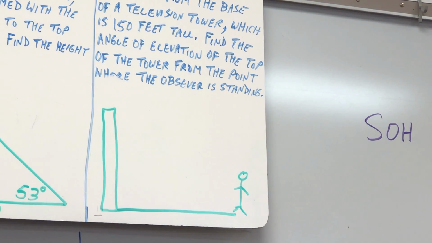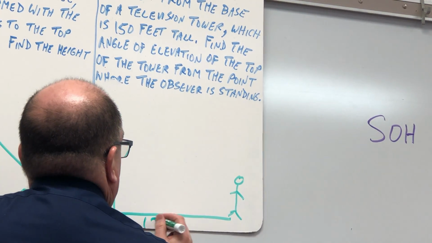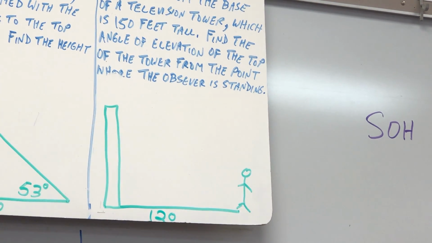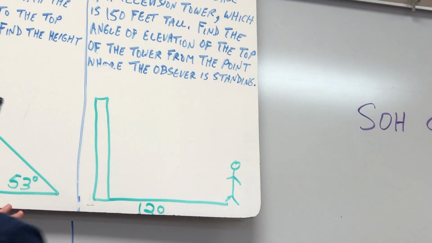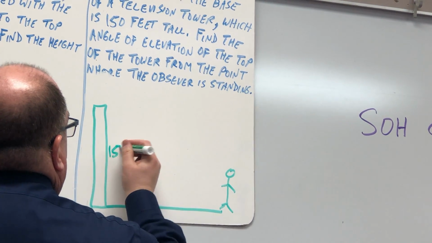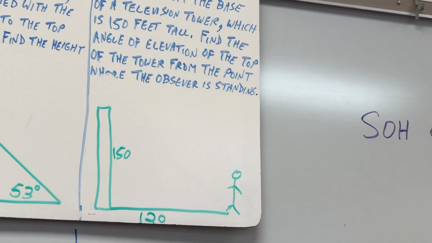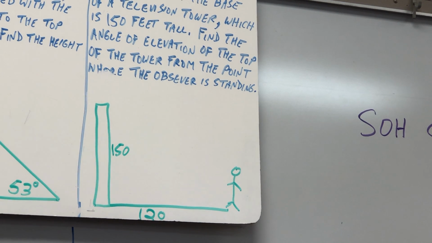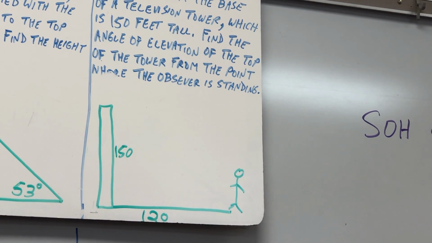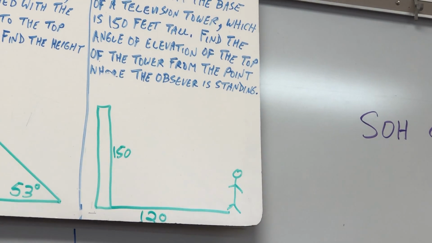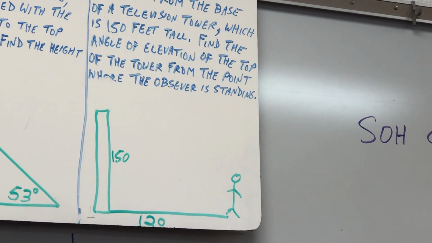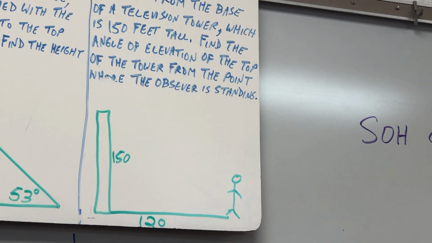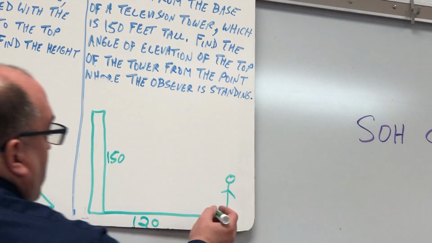The observer is 120 feet away from the base of the tower, which is 150 feet tall. This guy is 150 feet. Find the angle of elevation of the top of the tower from the point where he's standing.